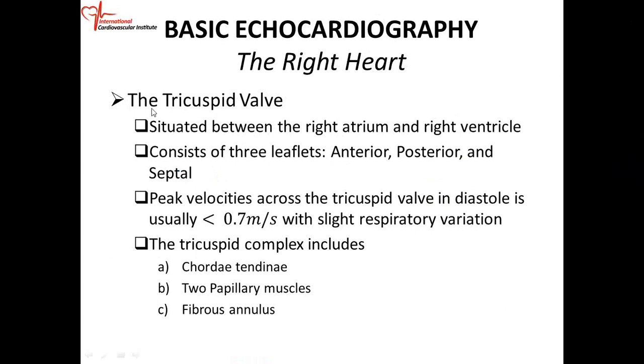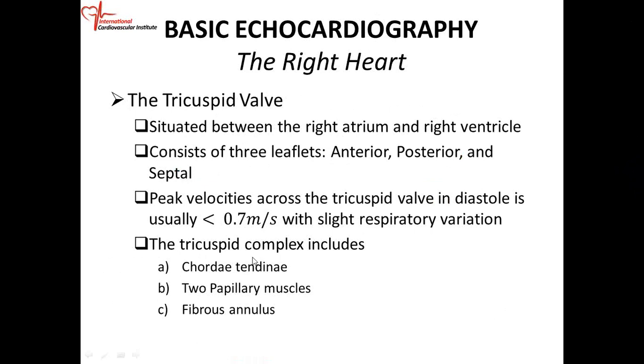And if your E velocity is the largest velocity, it's usually going to be less than 0.7 meters per second. And you will get respiratory variation in your flow across the tricuspid valve. Whether it is tricuspid inflow or TR, you tend to get respiratory variation.